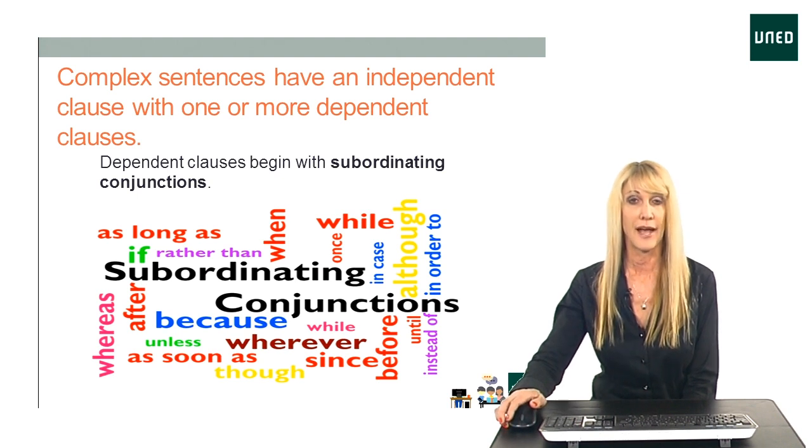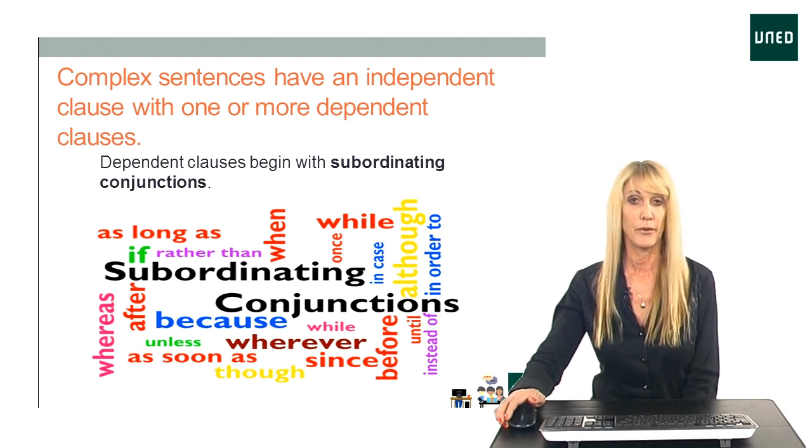Complex sentences have an independent clause with one or more dependent clauses. So far we've been looking at independent clauses. Remember, independent clauses have a complete idea. Subordinate clauses or dependent clauses do not have a complete idea.